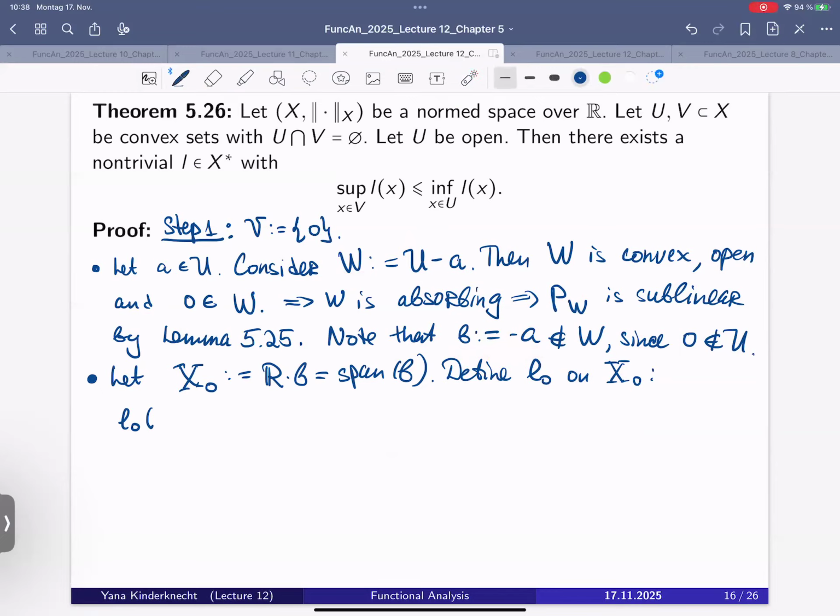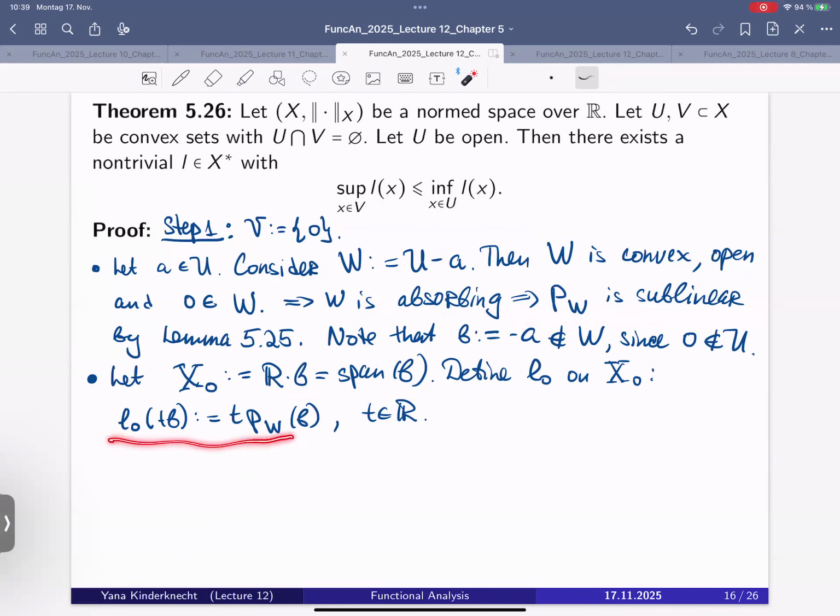Okay, so we define L0 in the following way. This is just T times the Minkowski functional of B, for any T a real number. So all elements of this vector space have this form, and on each element we define this functional. Since the Minkowski functional is sublinear because W is absorbing, everything is fine.